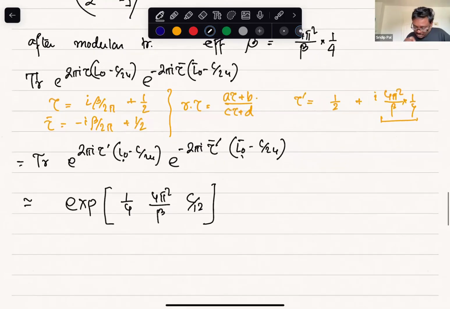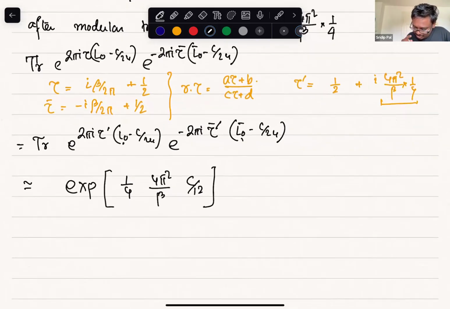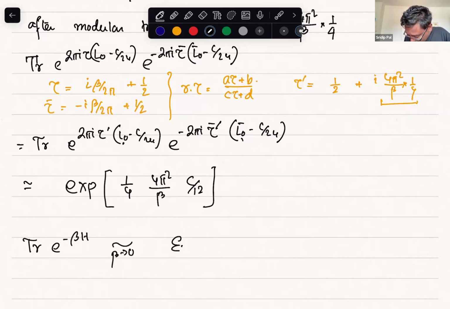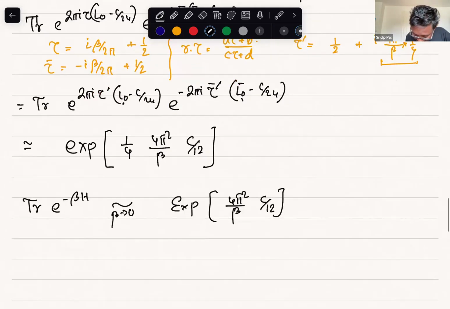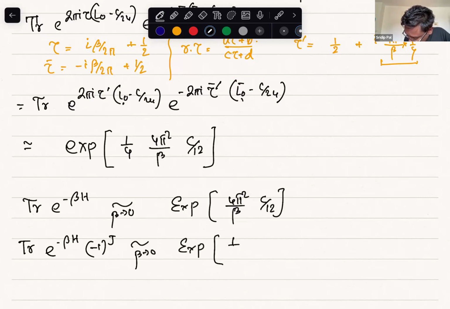So now let us observe the following thing: earlier we had Tr e^{−βH} in the β going to 0 limit going as exponential 4π²/β · c/12. And now if I do this with (−1)^J in the β going to 0 limit, I will have exponential 1/4 · 4π²/β · c/12.